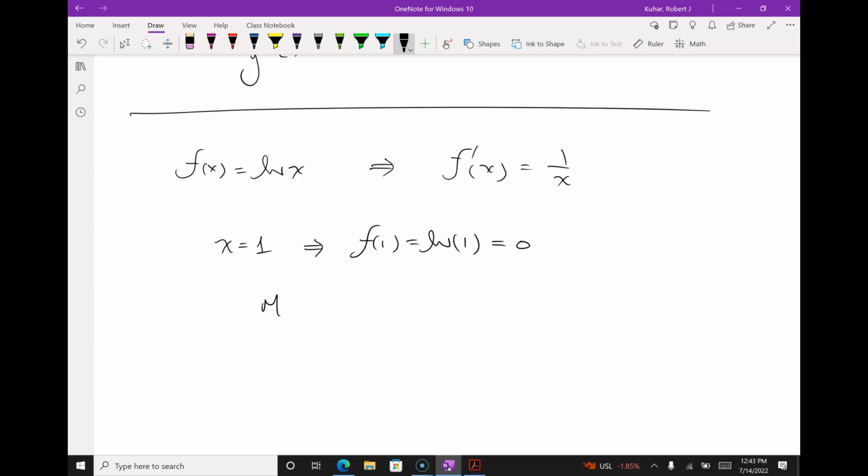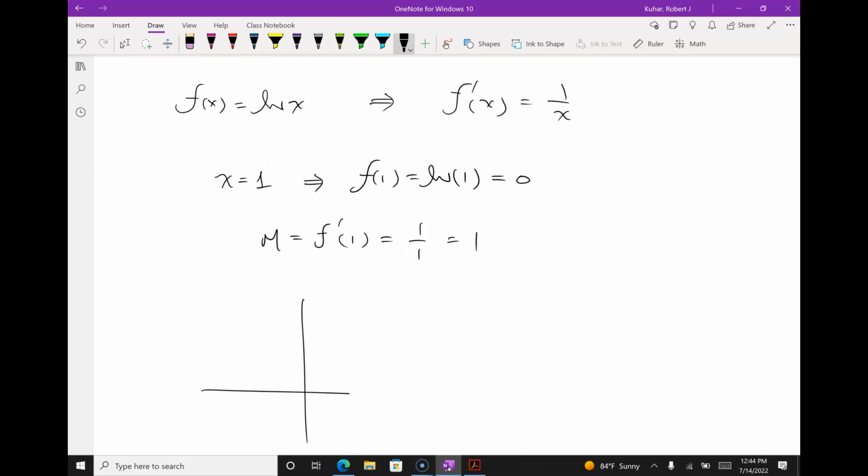And then what is our slope? Slope comes from the derivative, right? So at x is 1, f prime of 1 is 1 over 1, which is 1.